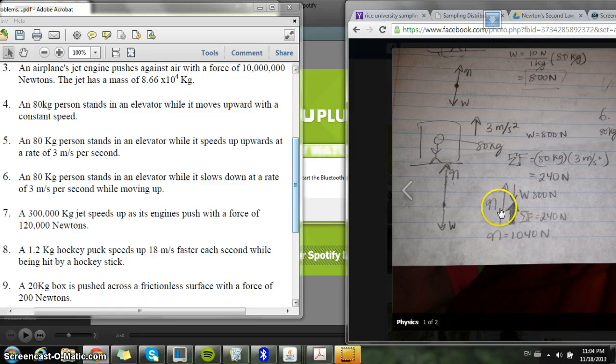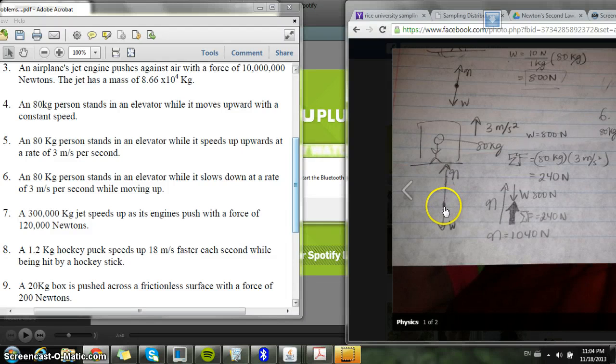And if we draw a vector sum diagram, let's take a step back first, because we usually draw the force diagram first. At this point, we can only say that there's two forces acting on our system. There's the weight, and there's also the normal force from the elevator pushing upwards against the person.